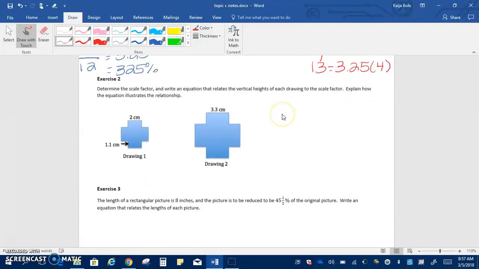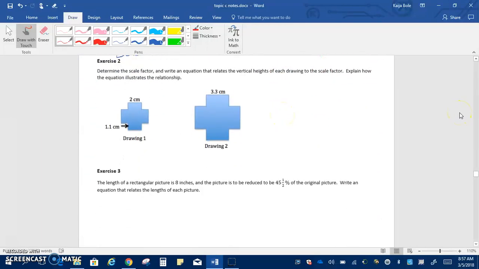Okay, we're going to look at exercise number 2. It says determine the scale factor and write an equation that relates the vertical heights of each drawing to the scale factor. So first, we are going from drawing 1 to drawing 2. That means drawing 1 is going to be our original, because they give us both measurements, and drawing 2 is going to be our scale.